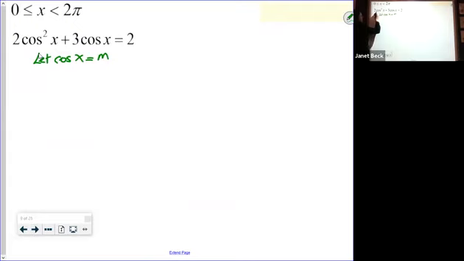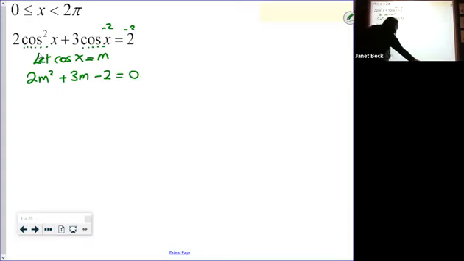So what you've got here is 2m squared plus 3m. It's quadratic, so make it equal 0. Subtract 2 from both sides of the equals. Okay, so I've started that off here. Your next step is to factor it. I'll leave you to work on this for a minute or so, okay?